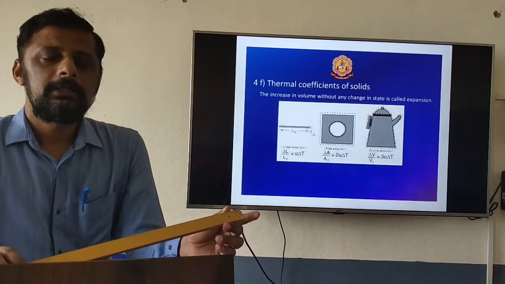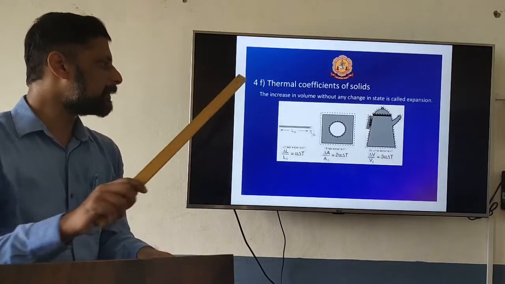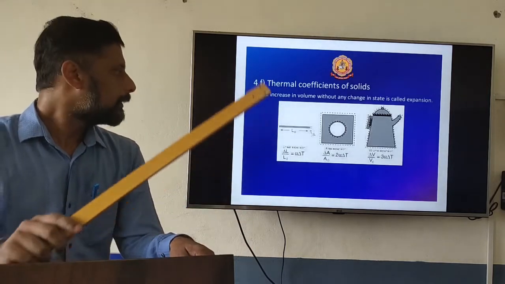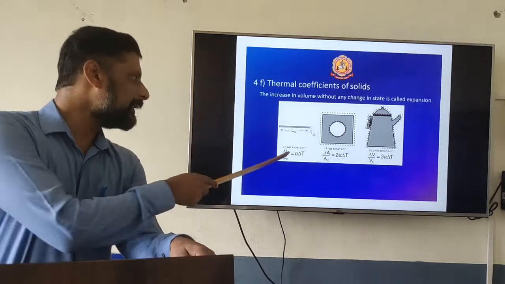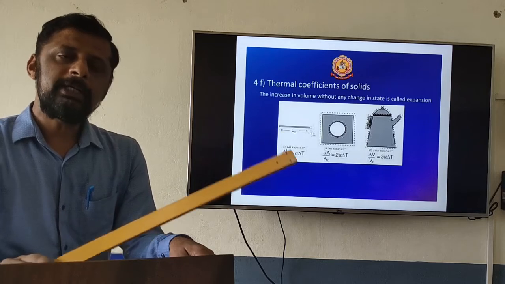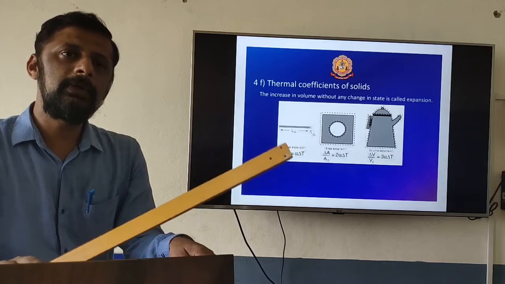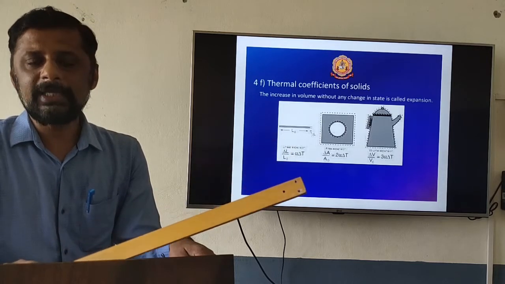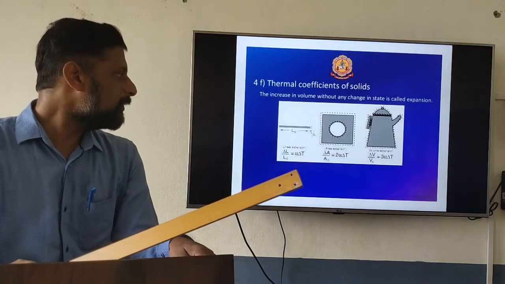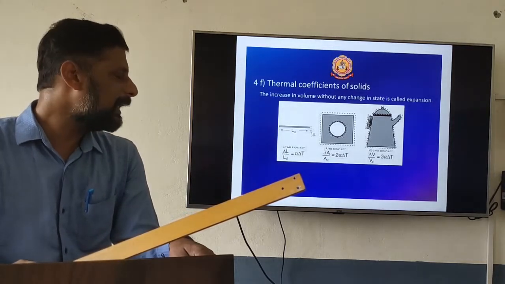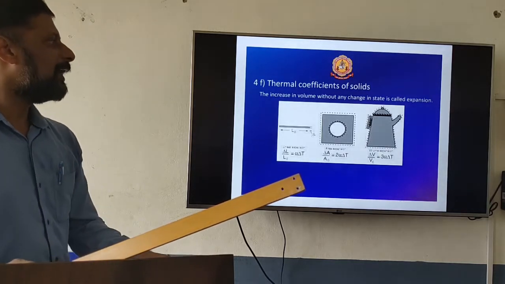Change in length, delta L, is directly proportional to the original length L0 into change in temperature, delta T. So you can write delta L is equal to alpha into L0 into delta T, where alpha is a constant called the coefficient of linear expansion. Therefore, alpha is given by delta L by L0 into delta T.